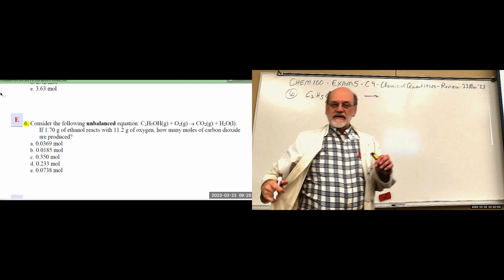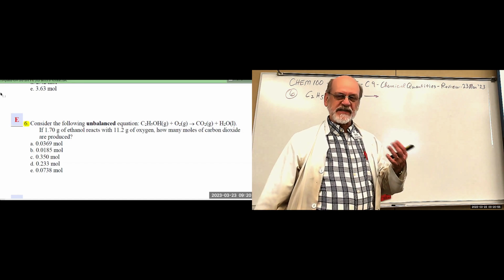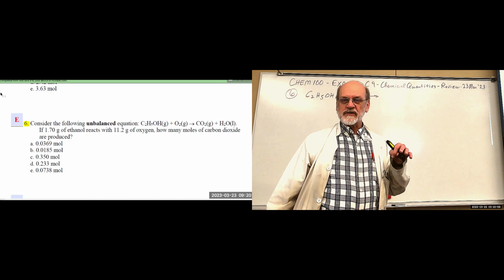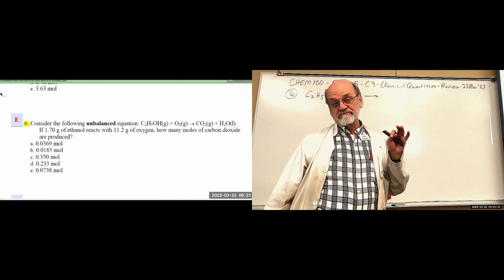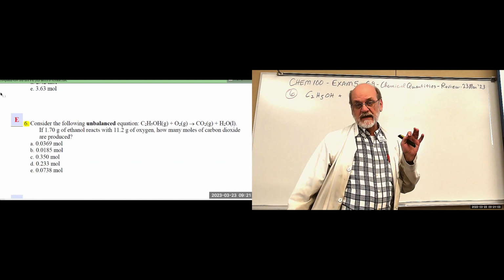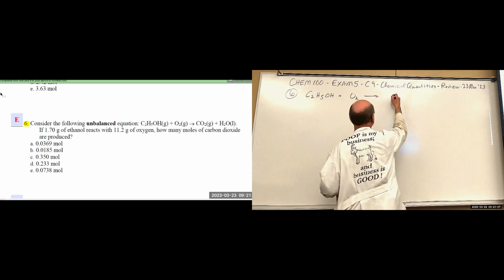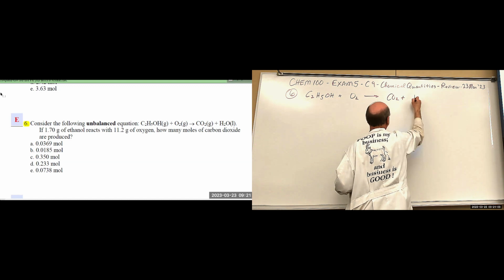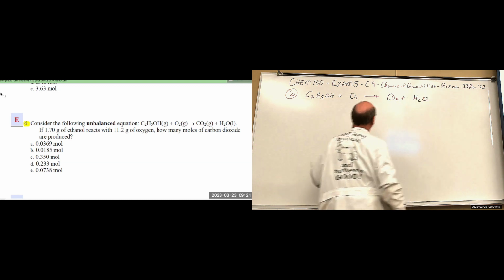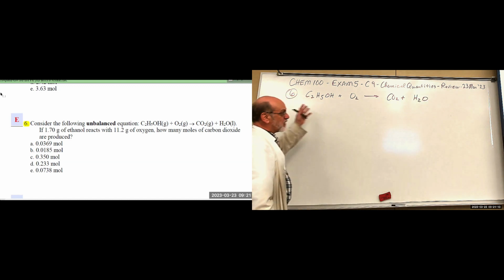I'm going to leave out the states of matter in this case because we don't need them, and it just gives us some extra room. Okay, so set up our budget.